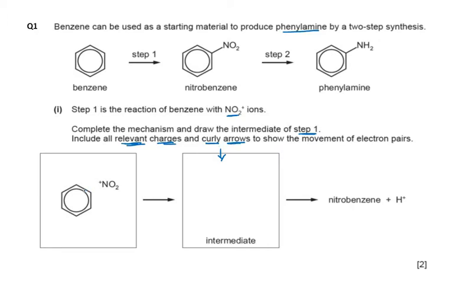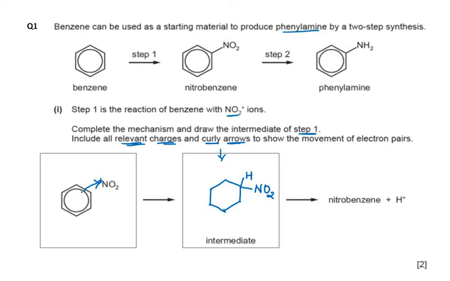So starting with the first step, let's draw a curly arrow here, that is an arrow from the benzene to the positively charged nitronium ion. Then draw an intermediate. So here is our intermediate, where we will be drawing a benzene ring first, and then let's attach a nitro group to the benzene along with the hydrogen which was already present on the benzene.